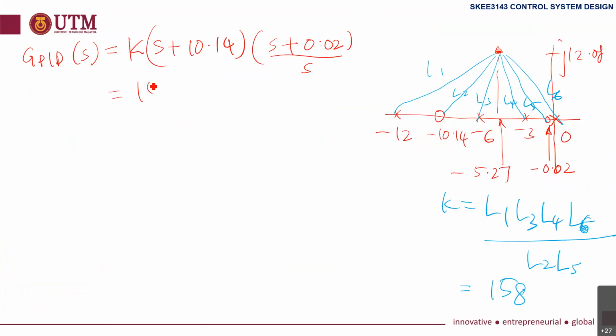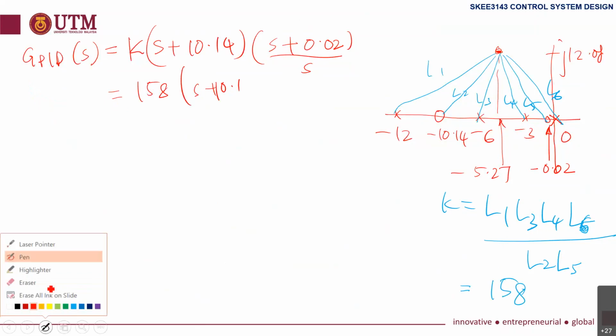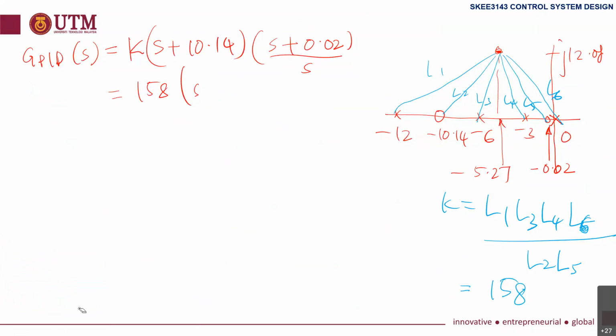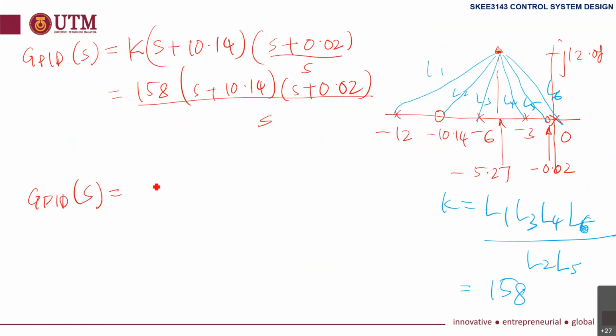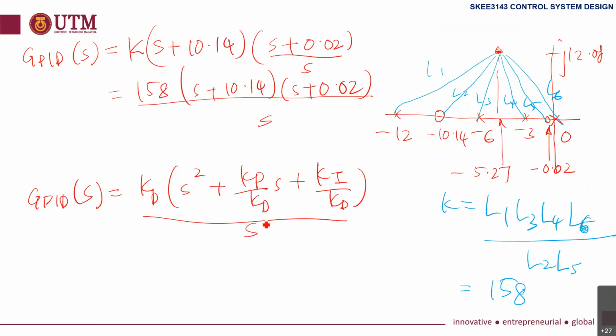Therefore, we can include here, we know that GPID can also be written in this form, KD S squared plus KP over KD S plus KI over KD, over S. We derived just now in this form.